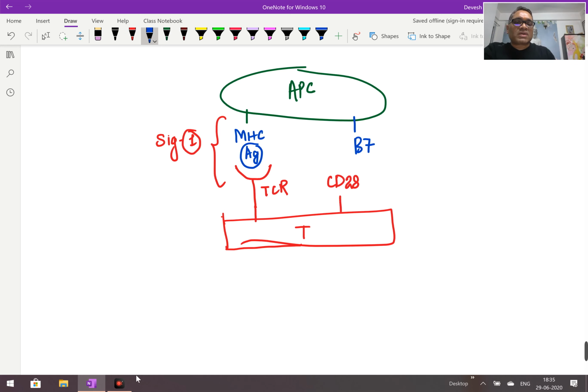The negative regulator, who is the negative regulator? It is CTLA4. So this CTLA4 will combine with B7-1. So this combination will happen, and because of that there will be no activation of the T cell, right?